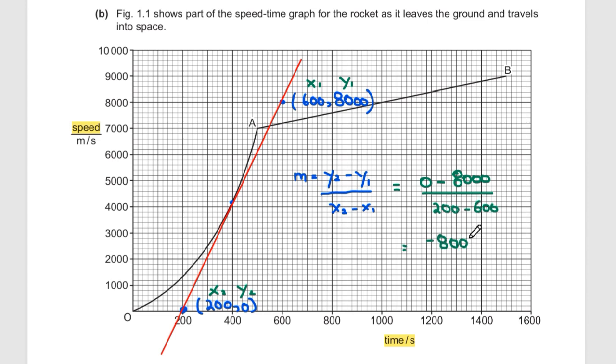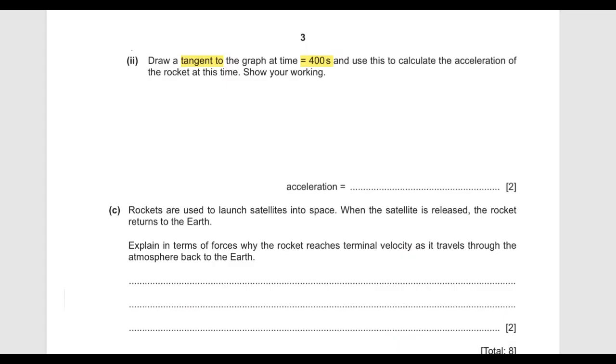It would be negative 8000 over negative 400. Negative got cancelled out, and the answer is 20 meter per second squared. So this is your acceleration, and make sure that you show the working on this side. I've just shown it on the graph, and you'll secure your 2 marks after it.